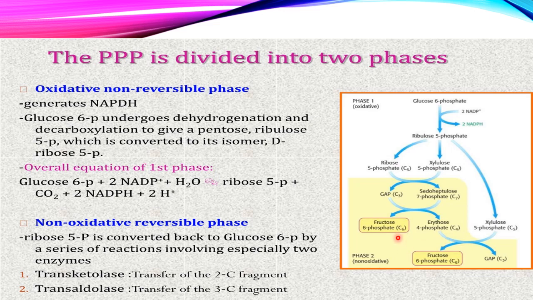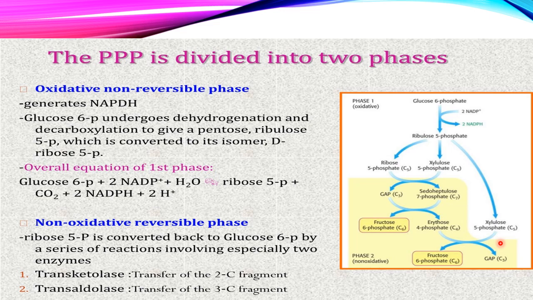And this C6, that is our fructose 6-phosphate, will follow glycolysis. It will go into glycolysis. Now what about this C4? This C4 reacts again with our C5, that is our xylulose 5-phosphate. Same thing over here. With this C4 and C5, again a C2 fragment is removed.